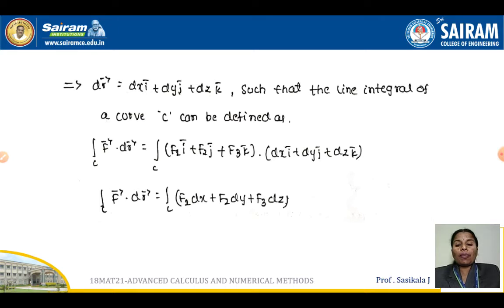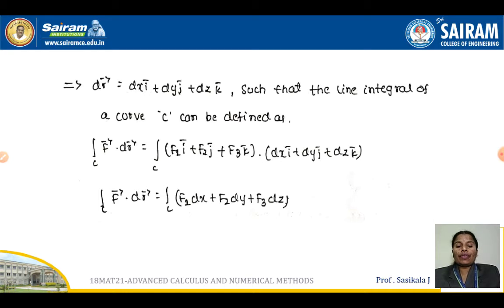You do the dot product, which you learned in the last 2-3 videos. The dot product should give only a scalar quantity. So f1 dx plus f2 dy plus f3 dz is your line integral.